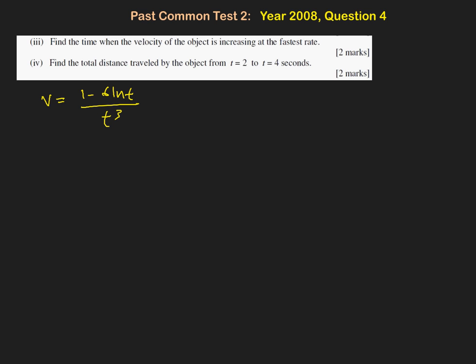It means we're going to find when dv/dt is at its maximum. So we're going to differentiate this one more time, and then find its maximum point, and that would be the solution to part 3. The first part we're going to do algebraically, and the second part we're going to use the calculator to help us.